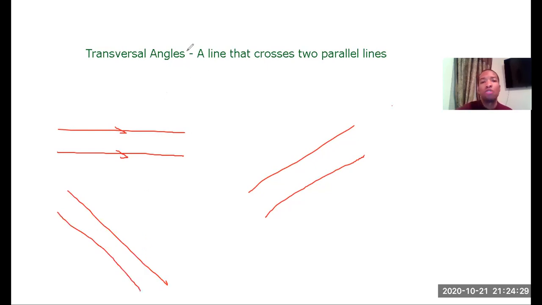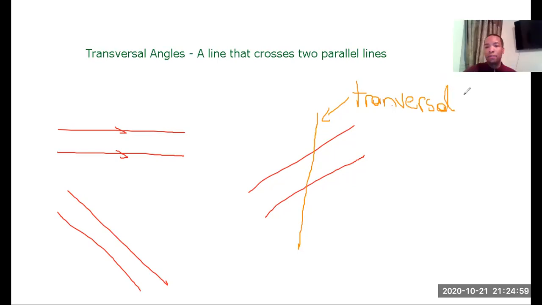So when it says a transversal angle is formed, a transversal angle is formed when a line crosses two parallel lines. So since we have two parallel lines here, if I draw a line crossing the two parallel lines, then this line right here would be considered my transversal line.